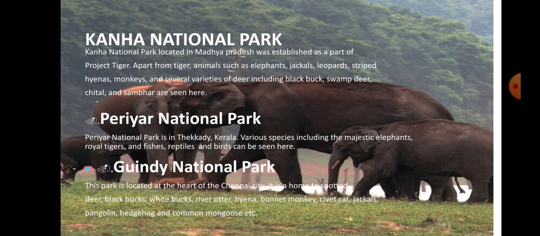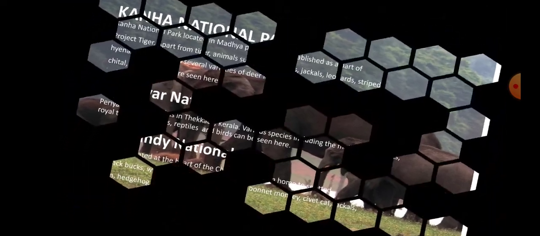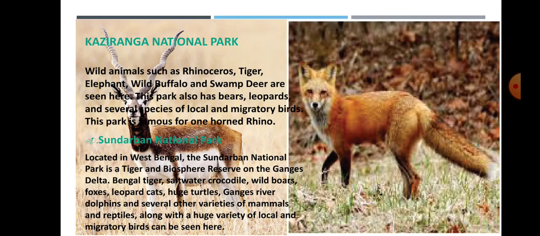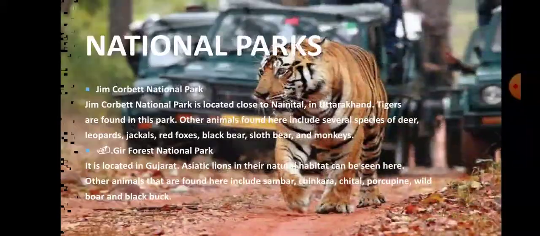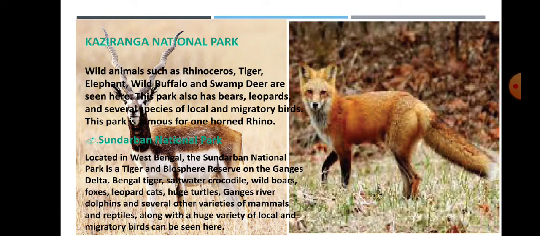In the previous one we learned about Jim Corbett National Park, then Gir Forest National Park, and then Kaziranga National Park, a very important national park authorized by UNESCO as a World Heritage Site. Then the Sundarban National Park. So this is what we have discussed till now.